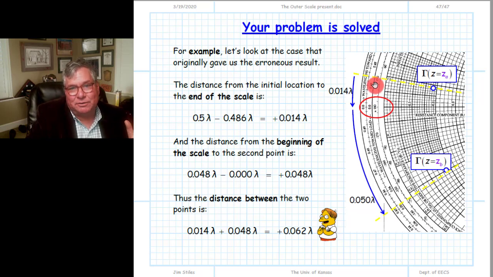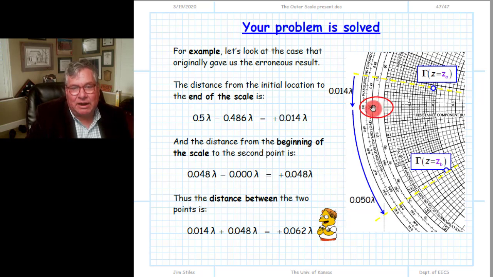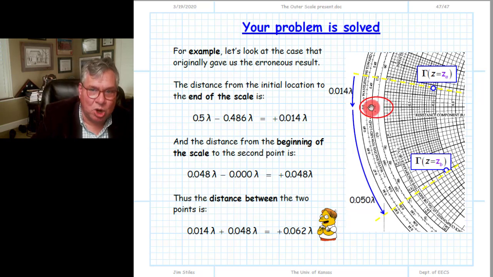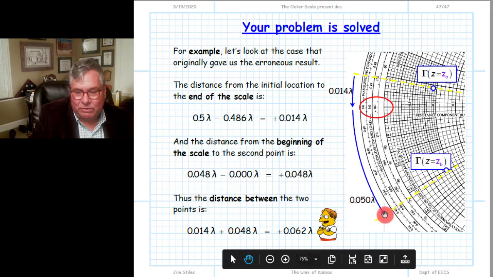We've crossed the state line from Kansas into Missouri, metaphorically speaking, and so now we reset our outer scale at a value of 0. And we further increase toward the endpoint now at a value of 0.048 lambda. And what that means is we've moved further down the line an additional distance of 0.048 lambda. That value there, by the way, is incorrect.